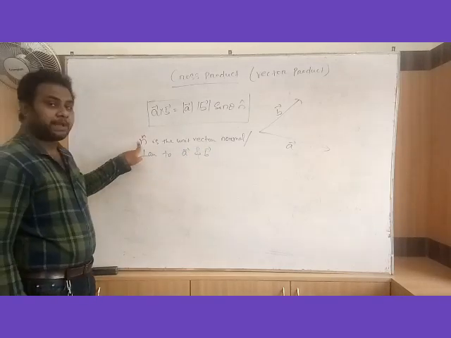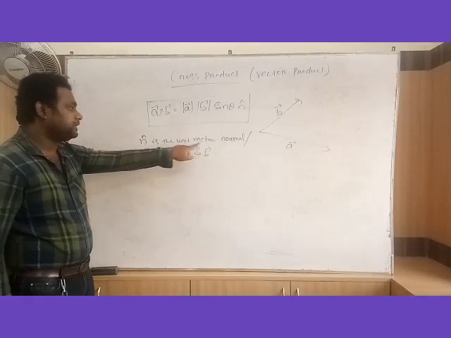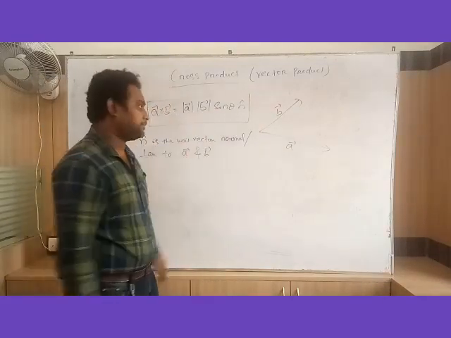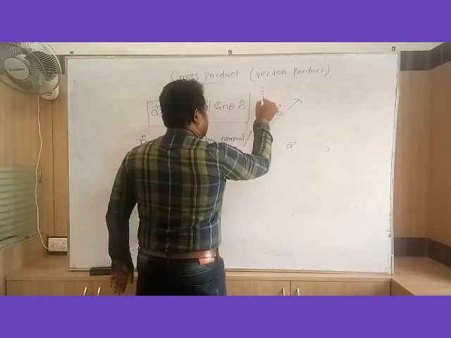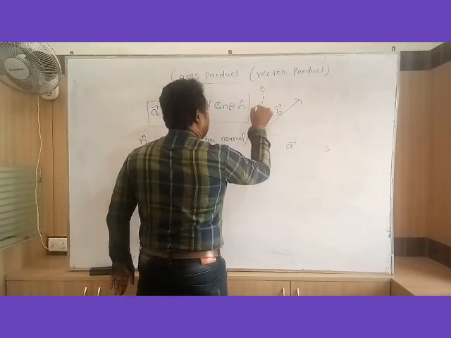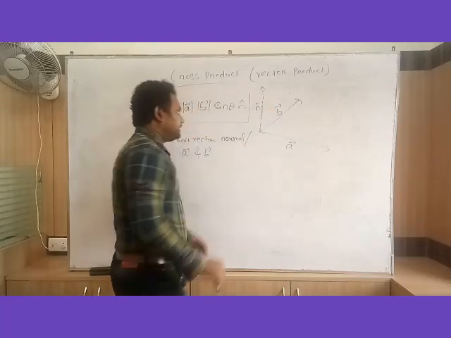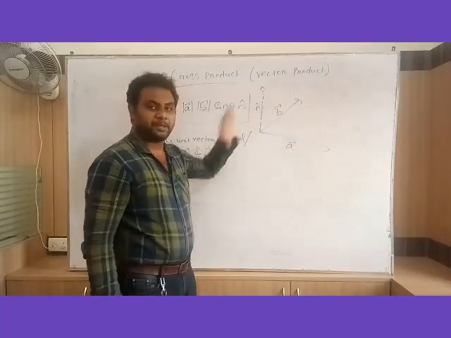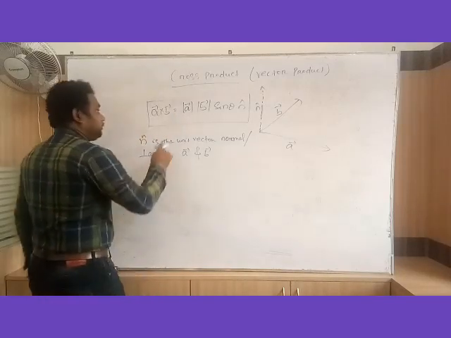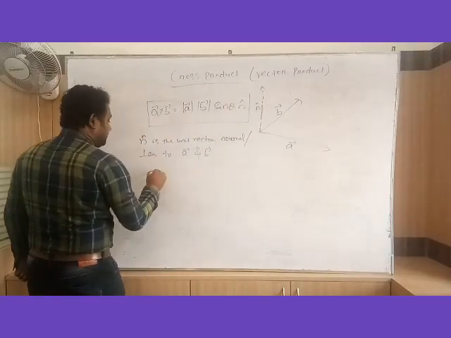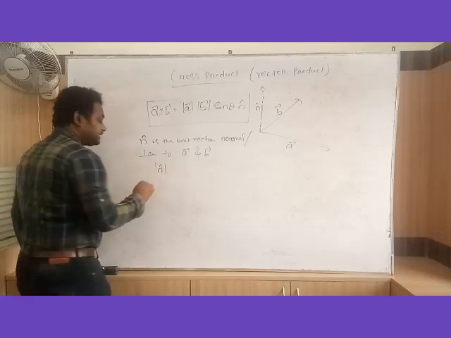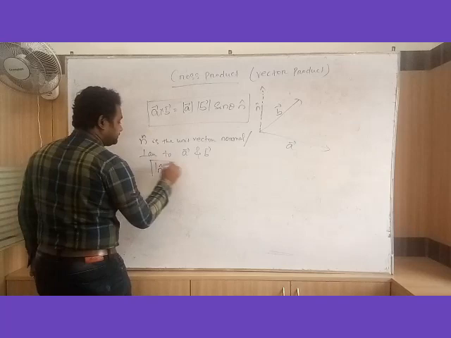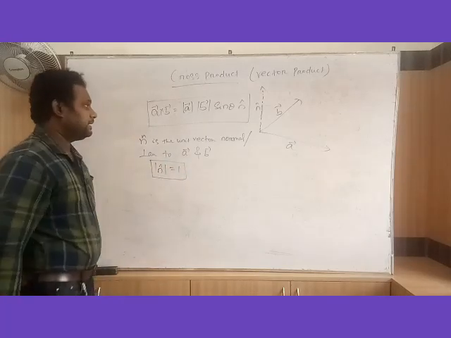So what is n cap? N cap is the unit vector perpendicular to both A vector and B vector. That means suppose this is n cap; this vector is perpendicular to both A and B. Since n cap is a unit vector, its magnitude is 1.